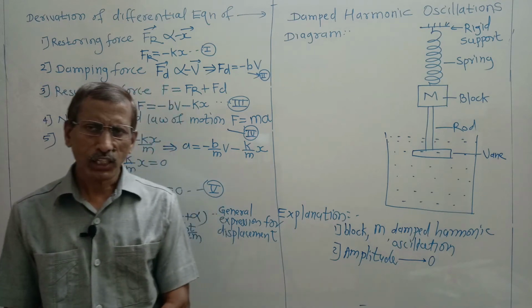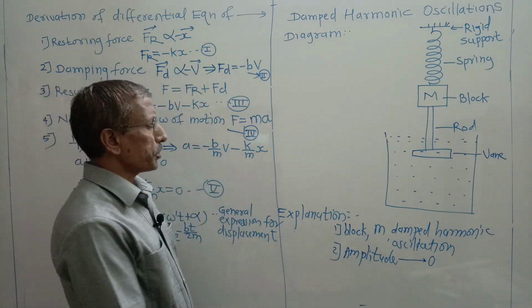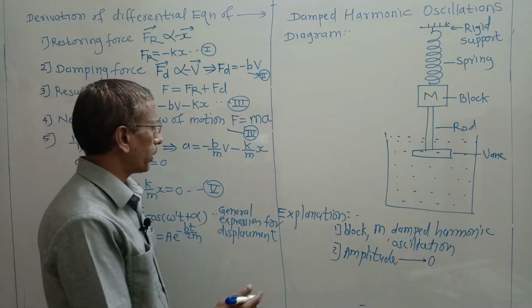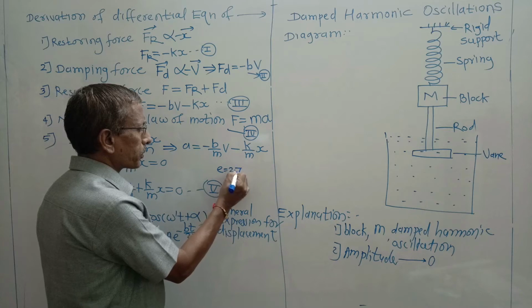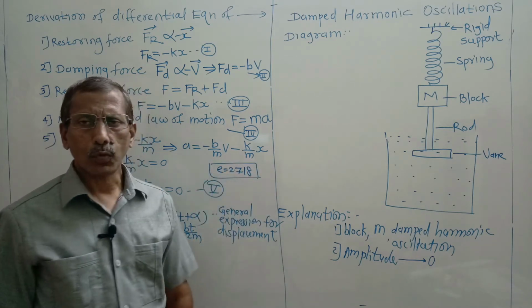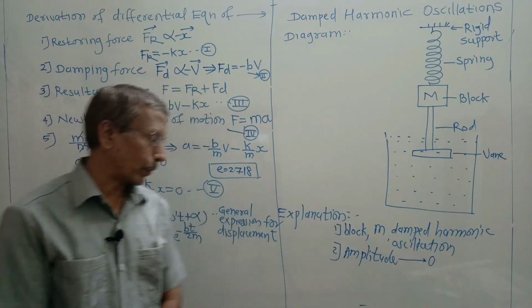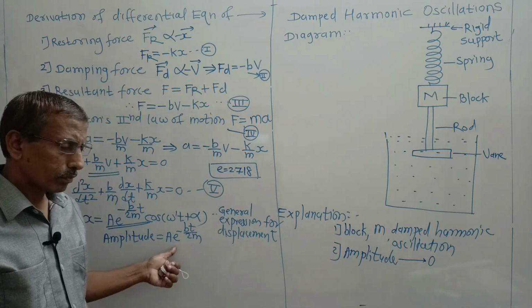Here e is an exponential function and its value is 2.718. This is one of the numbers.